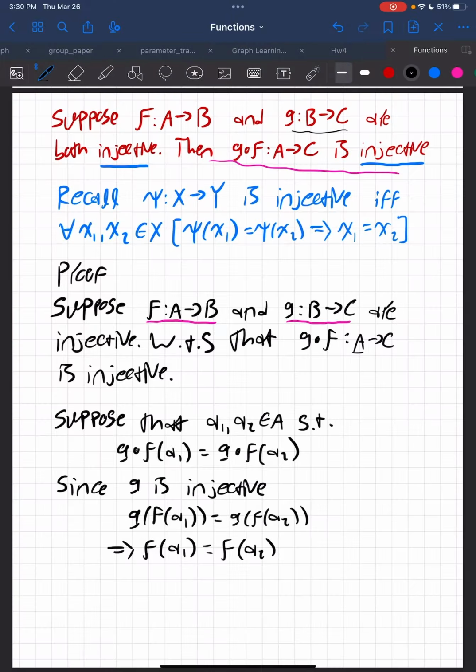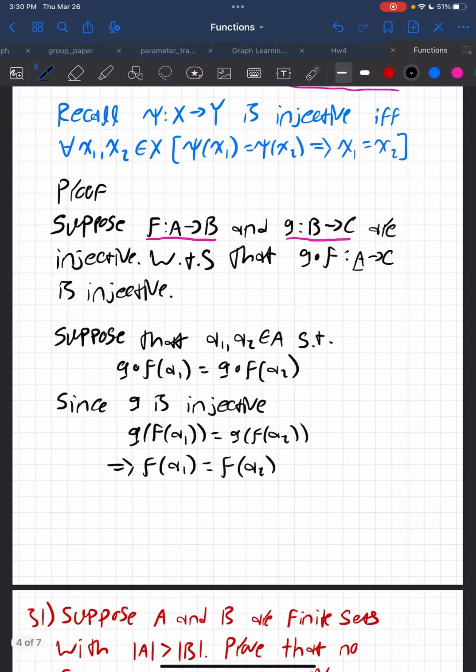Well, that's convenient because we also know that f is injective. So that means that A1 must be equal to A2.